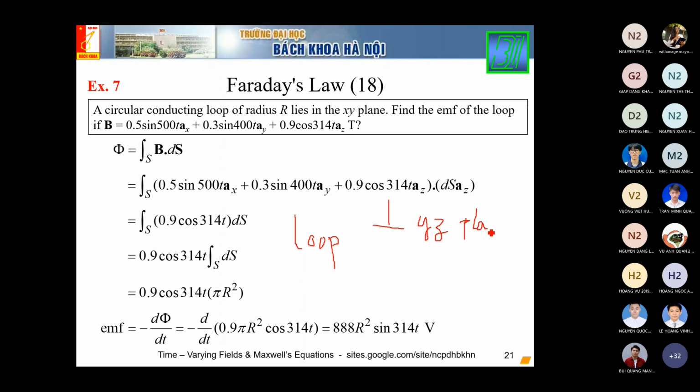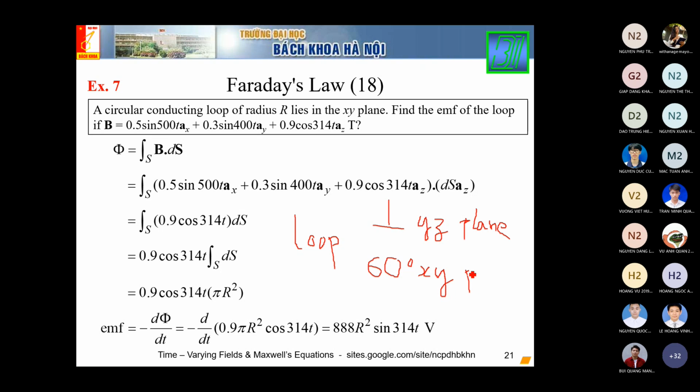Okay, it's time now to finish this morning. I want you to do the last mid-class exercise. I change the direction of the loop. The loop here is perpendicular to the YZ plane and makes an angle of 60 degrees to the XY plane. And you have to redo this exercise by one of two methods, your choice.